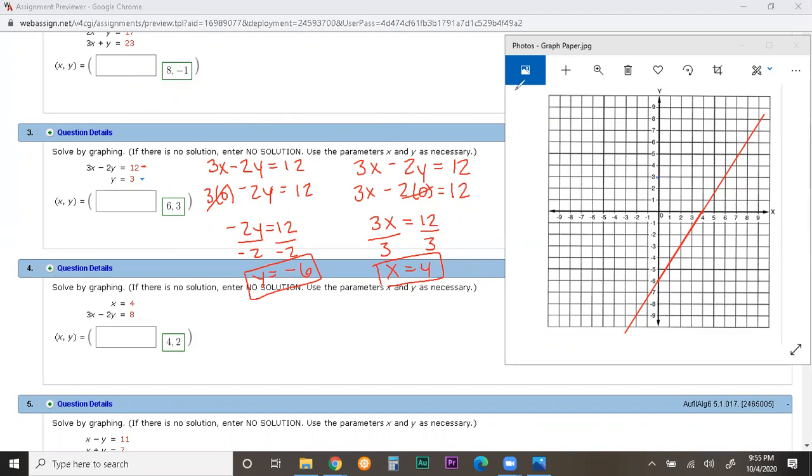So this will be a horizontal line going through 3 on our y-axis, okay? So if we look here, this is where the red and the blue line intersect, okay?